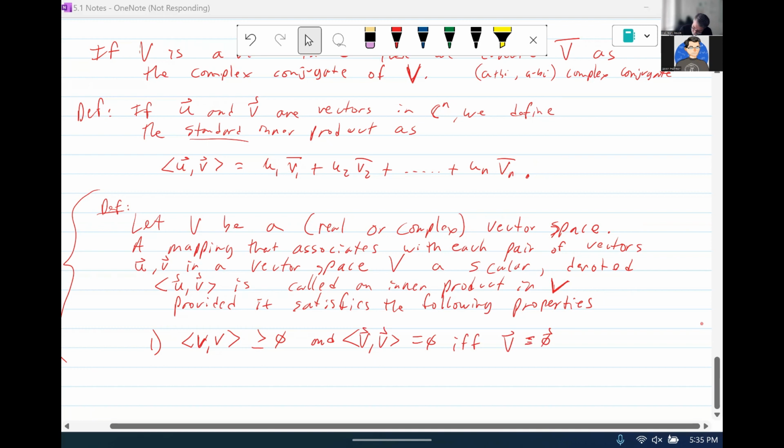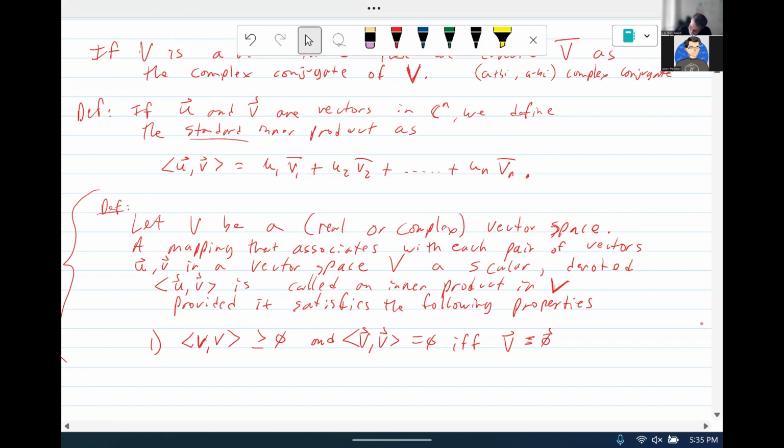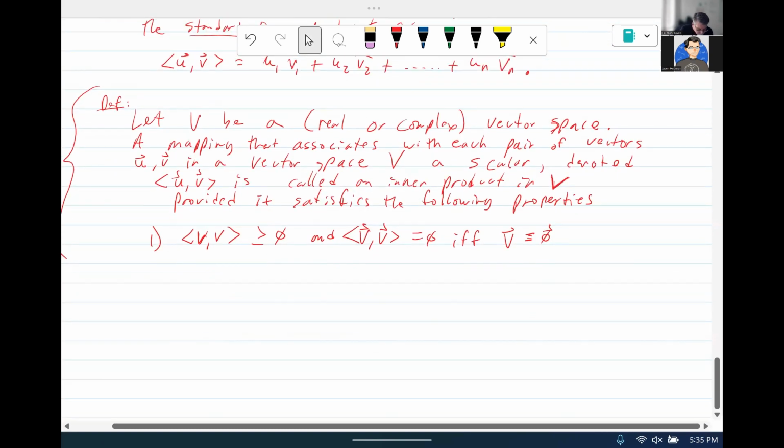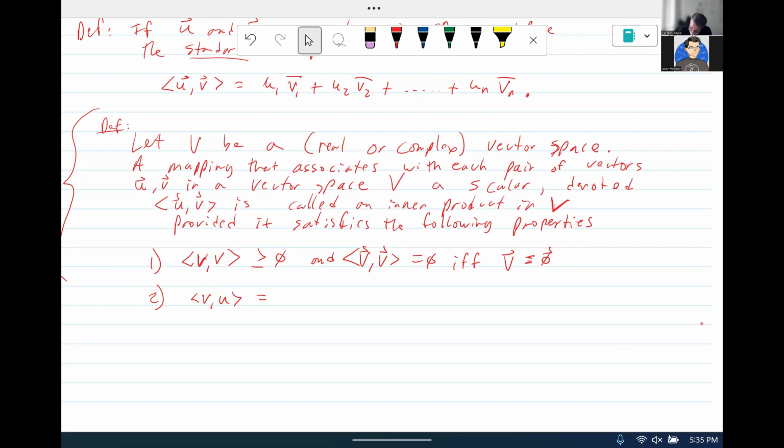Next, number 2. VU is equal to the conjugate of UV.